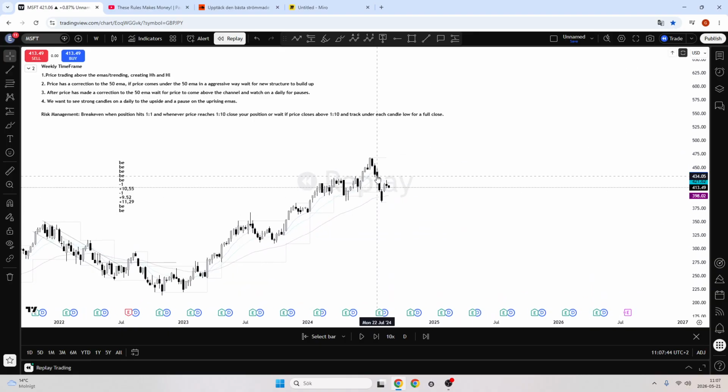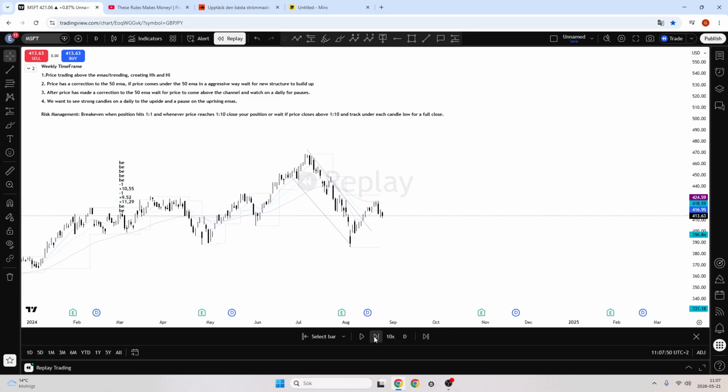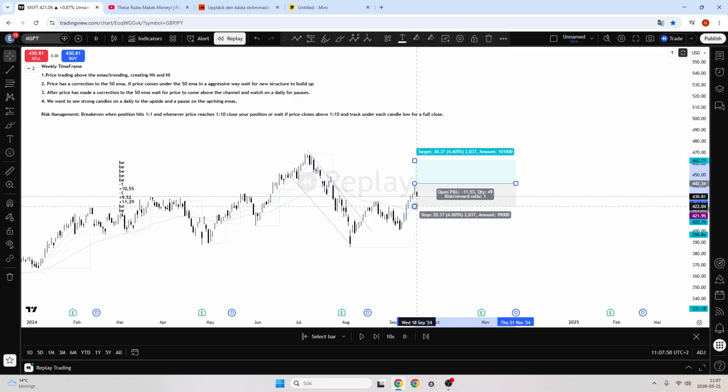Selling down to the 50 MA. This is a smaller channel, still a channel in my book. Wait for price to come above the MAs and pause. We are pausing here.